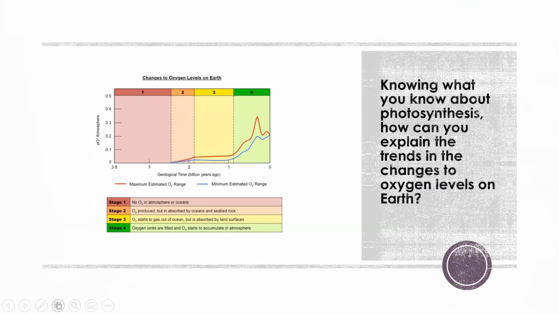Okay, so knowing what you know now about photosynthesis, how can you explain the trends in the changes to oxygen levels on Earth in its history? If we look back over these billions of years, 3.8 to 3 billion years ago, there was no oxygen in the atmosphere.